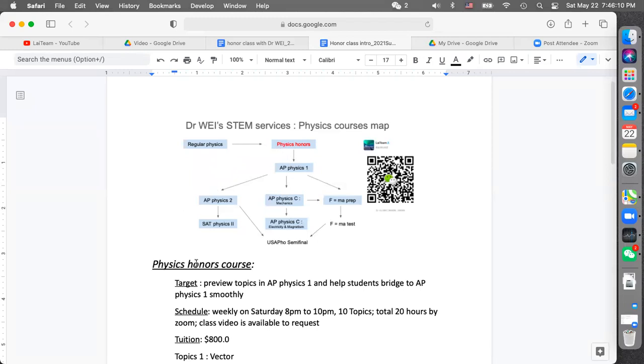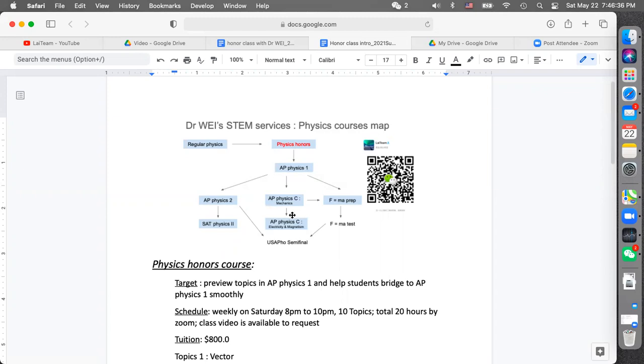The way we get into the realm of physics depends on what you want to prepare yourself for. When you enter AP Physics 1, that really opens up AP Physics 2, and then you can decide to take SAT Physics 2, then go there.